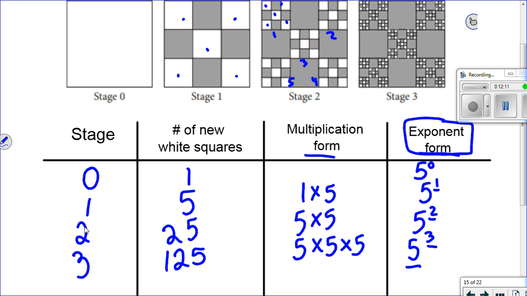Okay, well, do you remember what anything raised to the 0 power is? Anything raised to the 0 power is 1. You can see I have 1 new square, 5 to the 0 power. Anything raised to the 0 power is 1. Please, please, please write that down.